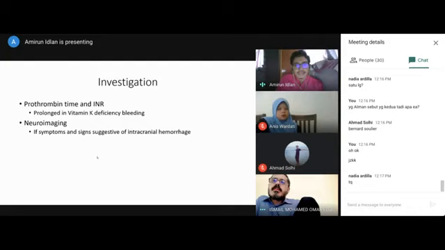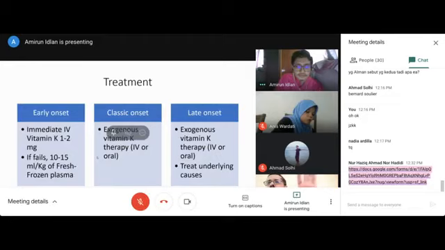So once the bleeding is there, we have to give fresh frozen plasma in either type. Yes, always, in all types. Once there is bleeding, don't wait, give fresh frozen plasma, because fresh frozen plasma will provide the factors immediately. Vitamin K takes time to work. Okay? Thank you, Doctor.